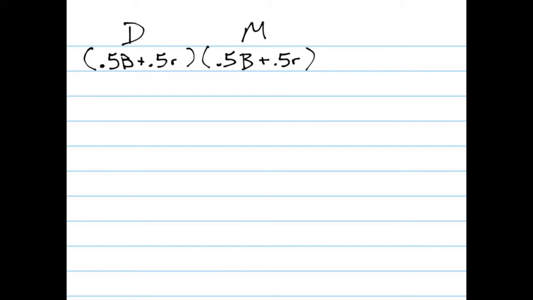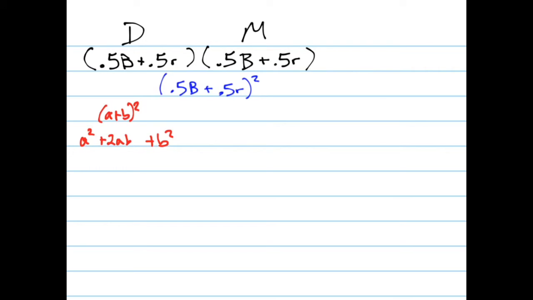Everybody good so far with our setup? So what we do is we model by looking at the product here. Now this is a special product because they're identical. This is the same as (0.5b plus 0.5r) squared. Now remember that our format was if I have two identical ones, like (a plus b) squared, I'm going to get a squared and b squared at the ends. And in the middle, I get 2 times the two terms.